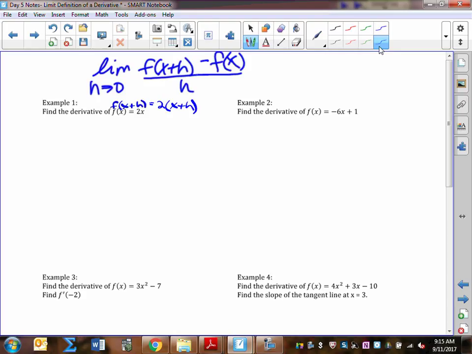All right, so find the derivative of f of x. So our derivative notation would be f prime of x. All right.